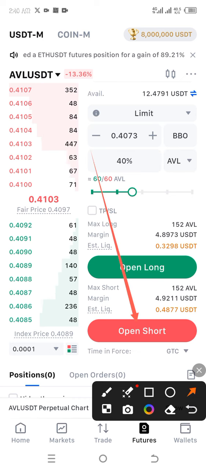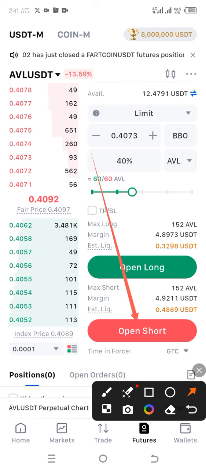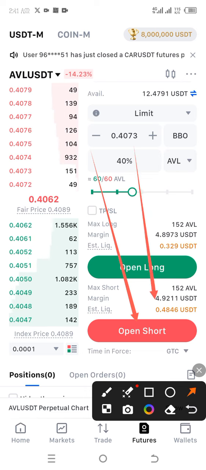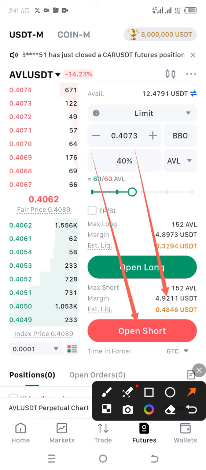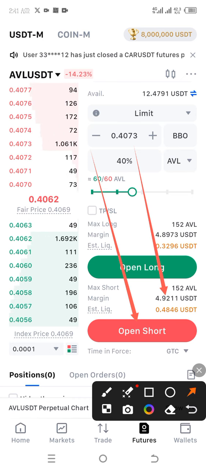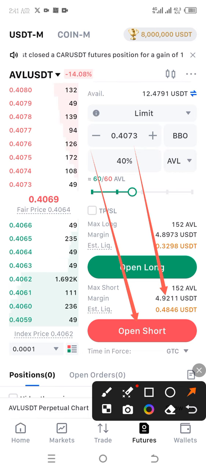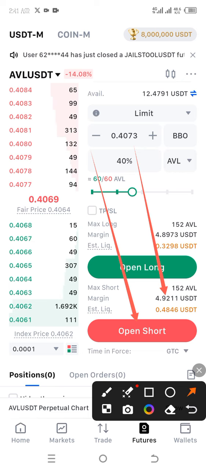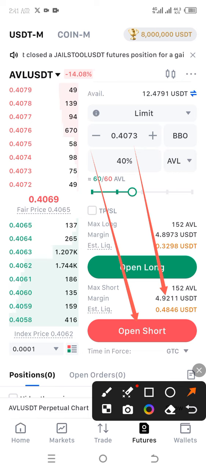Once I set my settings like this, so now as you can see, let's assume I want to take this trade. I will only go into the trade with just $4.9, which is 40% of my capital currently on this MEXC. So if I add more capital to it, I just use 40%.